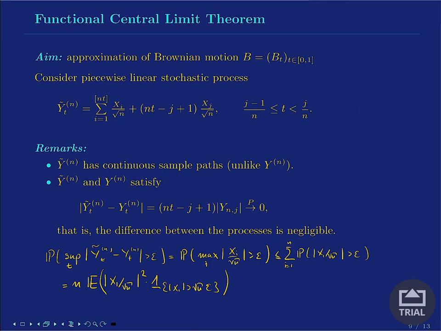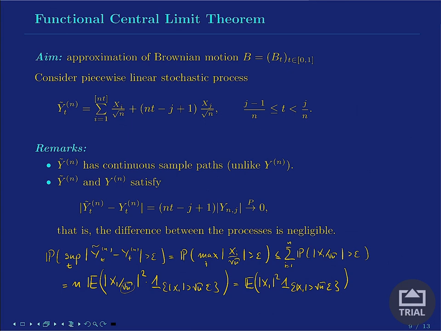So then, as here in the expectation this square root n is fixed, we can pull it out, and it cancels with the square exactly with the n here. So we get finally the expectation of x1 square times indicator of x1 being larger than square root n epsilon.